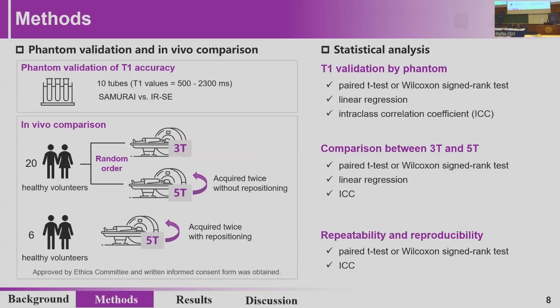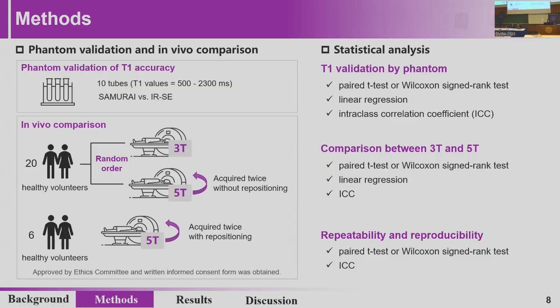For the validation, a phantom validation was performed to validate the T1 accuracy, and 20 healthy volunteers were scanned at 3T and 5T in random order, and the imaging was acquired twice without repositioning at 5T.